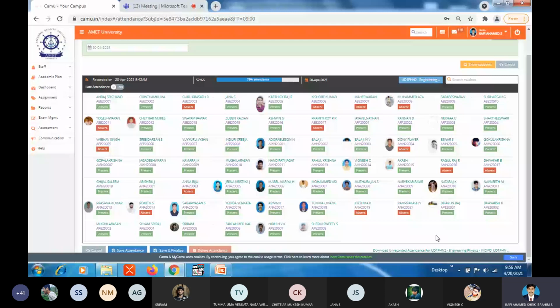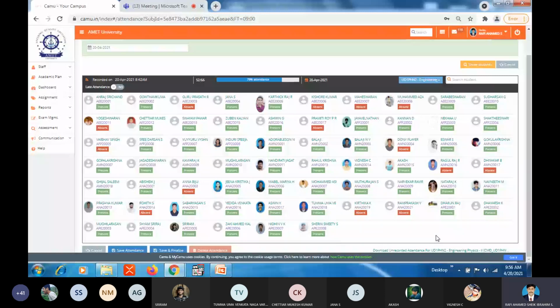I will just dictate the names of the absentees. Please note. Guru Prasad is absent. Kishore Kumar absent. Maheshwaran absent. Mohammed Azan absent. Yokeshwaran present. Pramati Roy is absent.